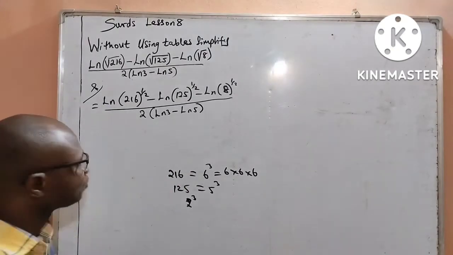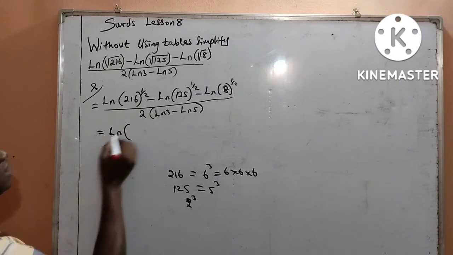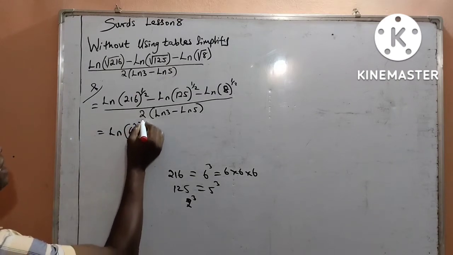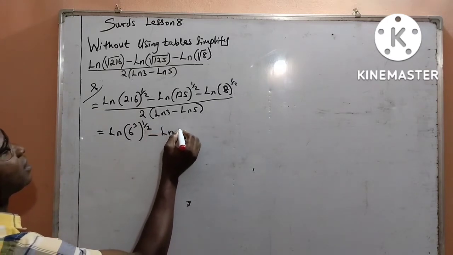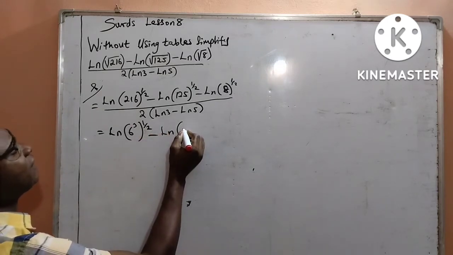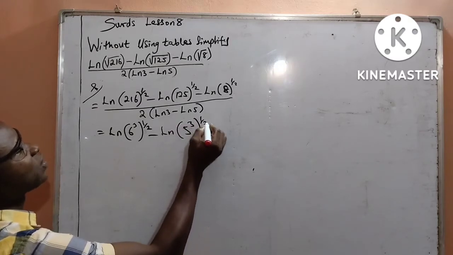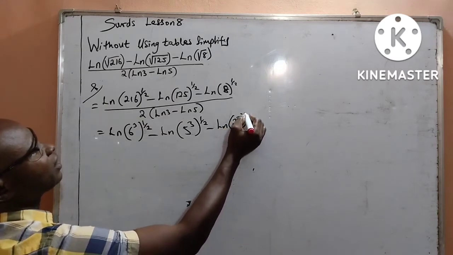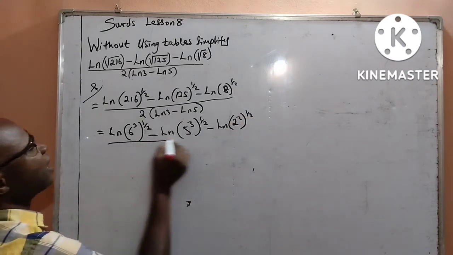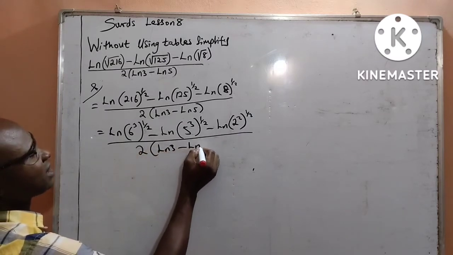Doing that, I now get ln 6 raised to power 3, then raised to power half, minus ln 5 raised to power 3, then raised to power half, minus ln 2 raised to power 3, also raised to power half. Everything all over 2 into ln3 minus ln5.